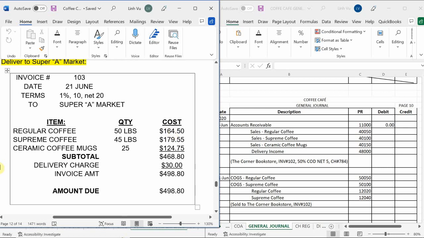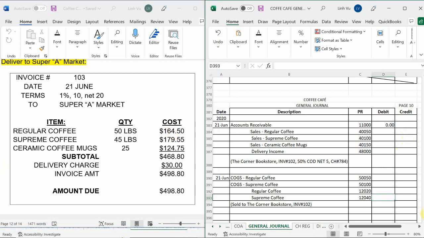So in this case, what was the total amount of regular coffee that I sold? I sold 50 pounds of my regular coffee.